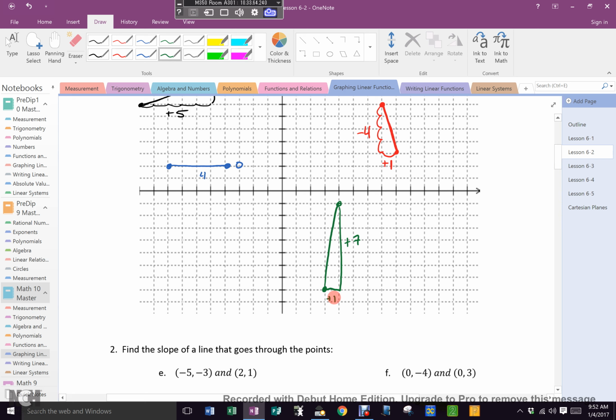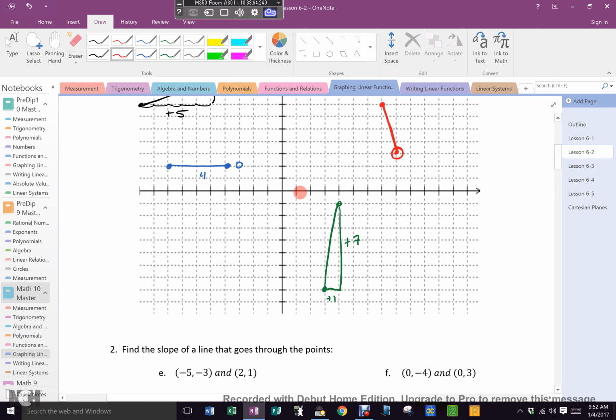Okay. Now you guys are smart kids. This line that I put right here, this red line, I'm just going to erase the rise and run for a second. Can you tell me the coordinates of that point? What is it?